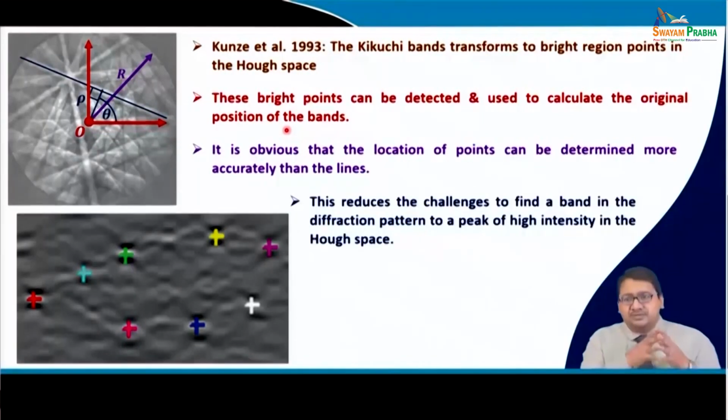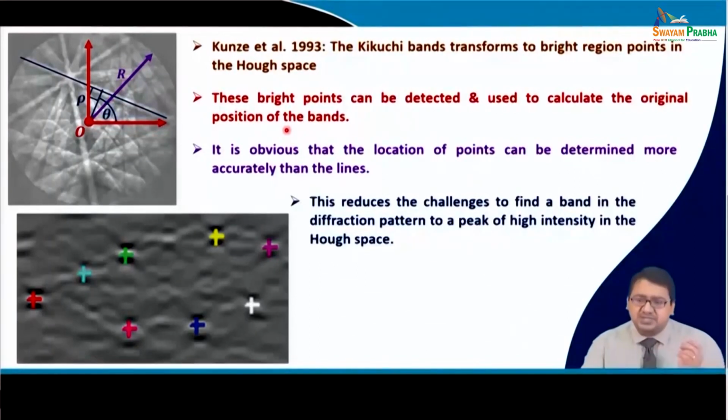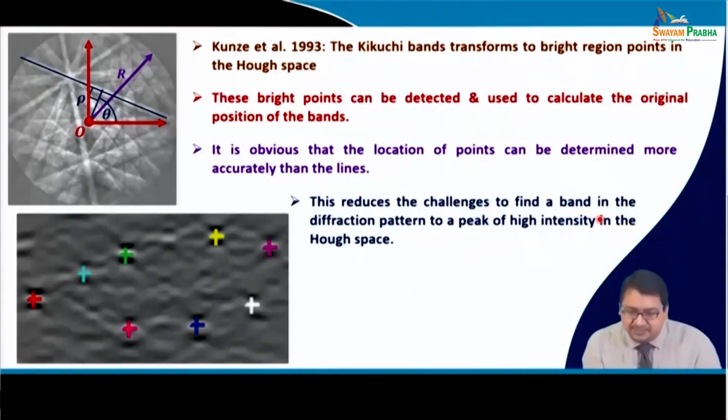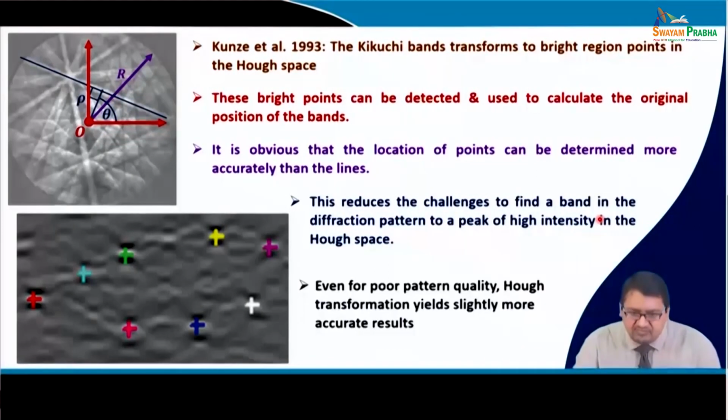Now, this reduces the challenge of finding the band in the diffraction pattern to finding a peak of high intensity in the Hough space, right. So, even with poor pattern quality, the Hough transformation gives slightly more accurate results, right.